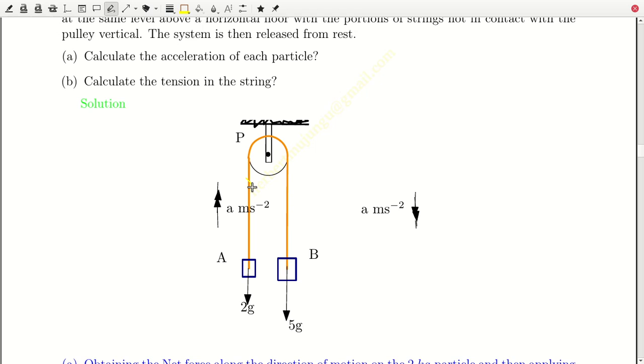The string will be pulled in either direction. The tension is pulling the string apart, so the tension will be of this form. There will be tension here.